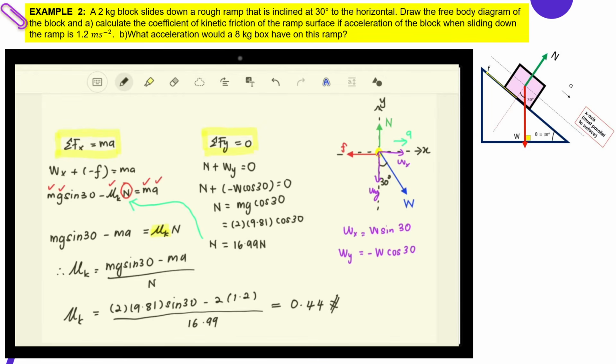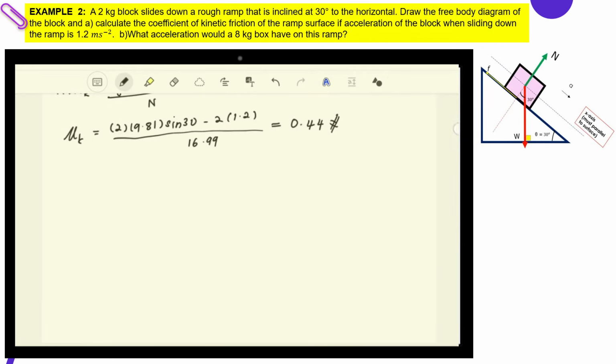So this is for part A. And for part B, the question asks us to find the acceleration when we replace the 2 kg block tadi kepada 8 kg box. Sekiranya kita letak box yang baru di mana beratnya 8 kg, agaknya berapa dia akan gerak? So let's try to calculate.